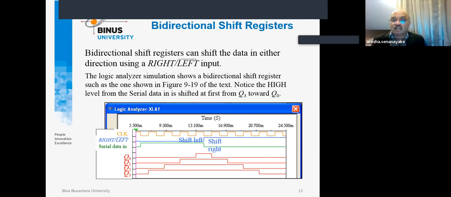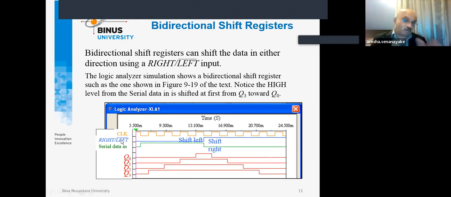So if the left/right signal pin is in 0, that means shifting to the left will occur. With the timing, you can observe this, and I hope you will do it in a practical class.